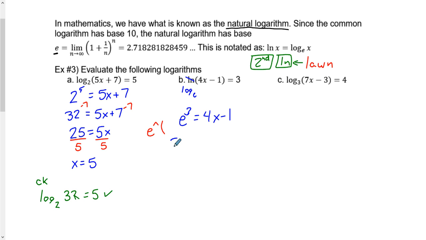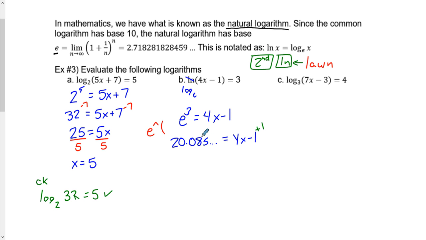And it's 20.08553692. Now I'm just going to leave that on my calculator because we're going to quickly manipulate. If you round it beforehand, please go at least 4 decimal places, but because these are really nice and simple, just leave it in your calculator.